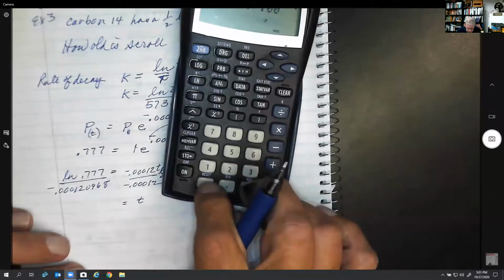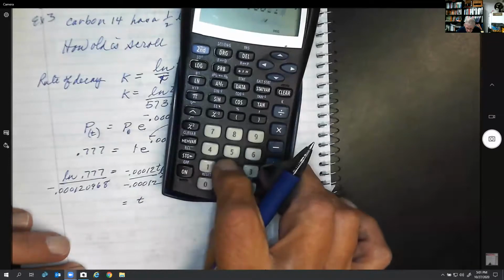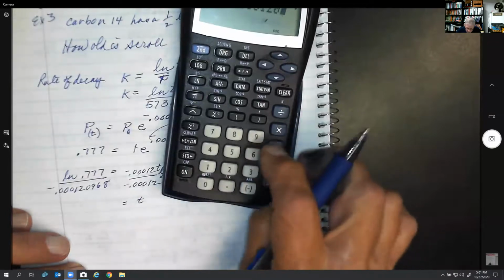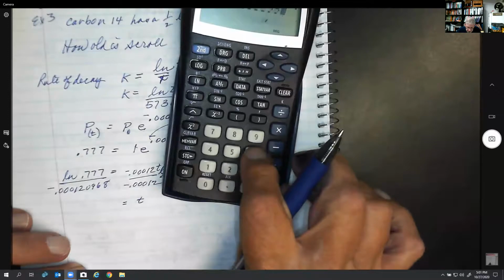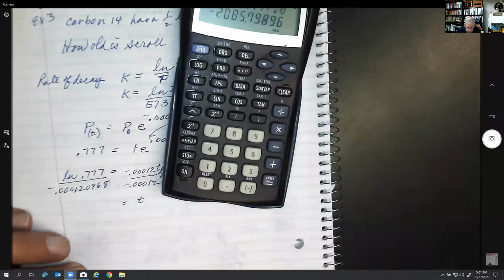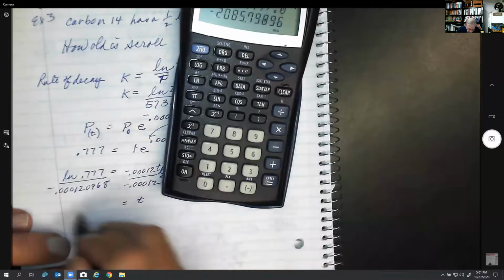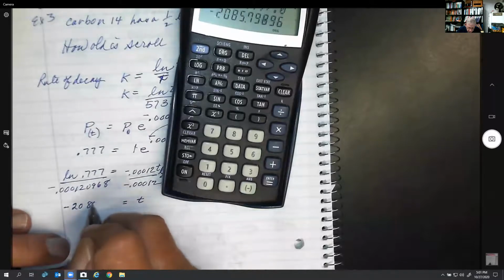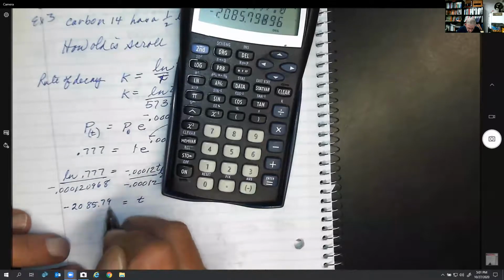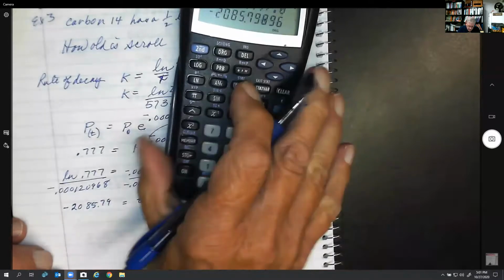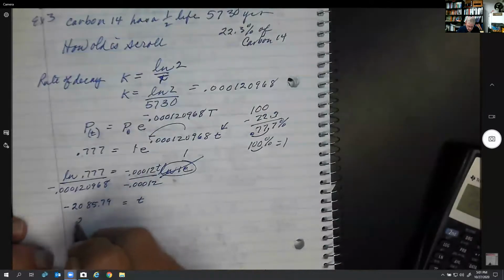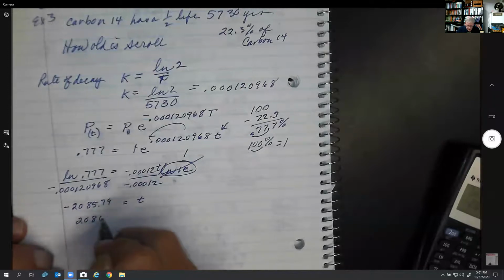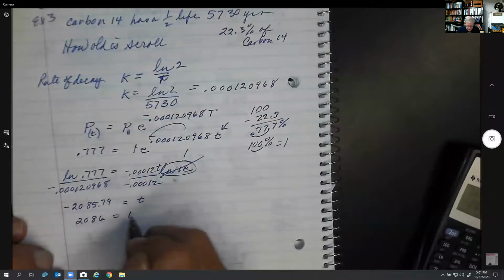We're trying to find exactly how old it is, or as close as we can get. So it's approximately a negative 2085.79. Let's round that off. It's about 2,086 years old, this Dead Sea Scroll.